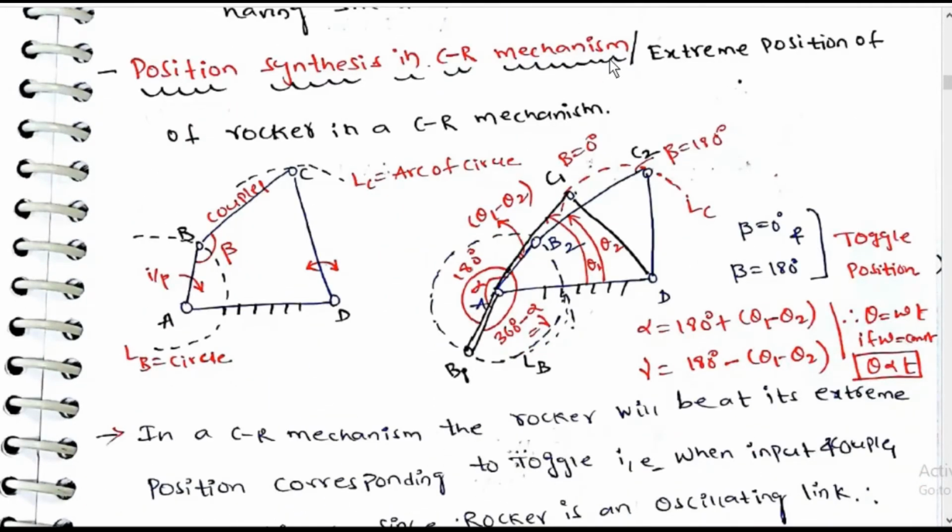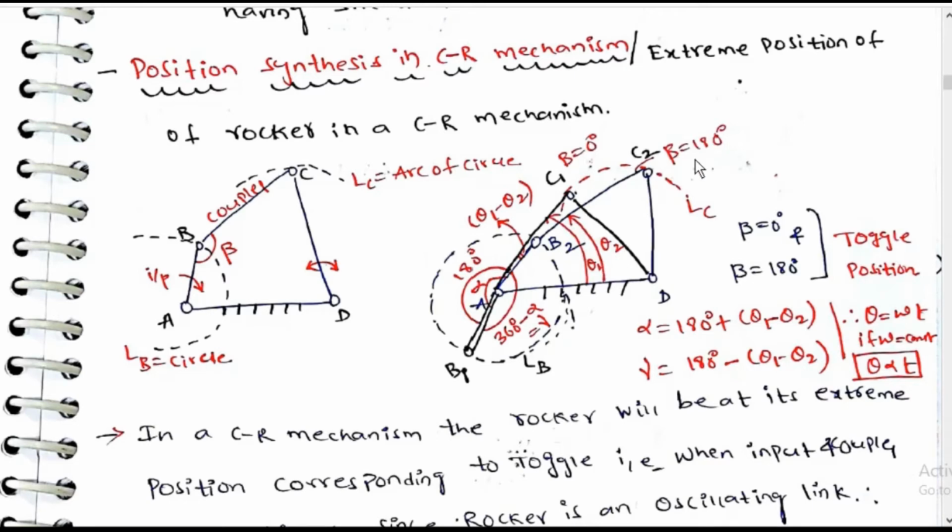Position synthesis of crank rocker mechanism, or extreme position of rocker in crank rocker mechanism. Input, output, coupler. LB is a circle, LC is an arc of circle. This is beta, this is alpha, 360 minus alpha, theta 1, theta 2.